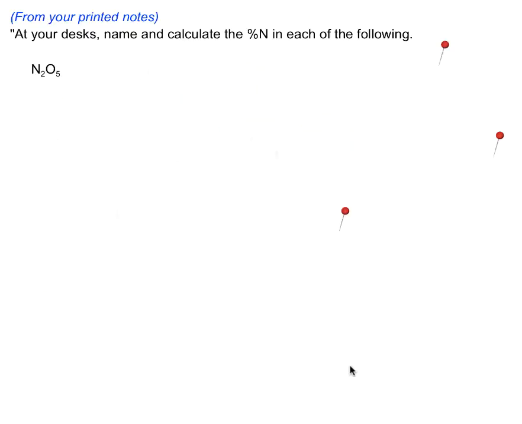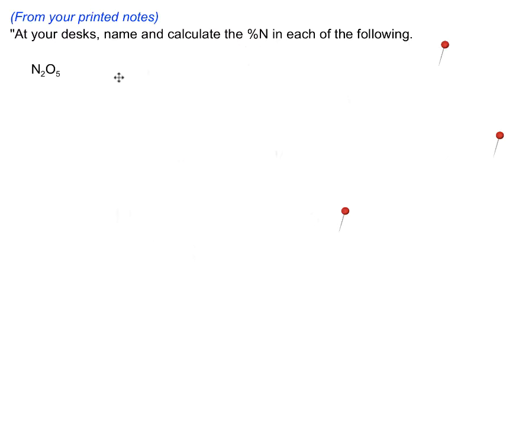Now, one more example. This is in your notes: name and calculate percent nitrogen in each of the following. So in this case, it tells us to only look for percent nitrogen. If it doesn't say percent of a specific atom in a compound, you calculate percent of everything. But obviously, in this case, we only are interested in the nitrogen.